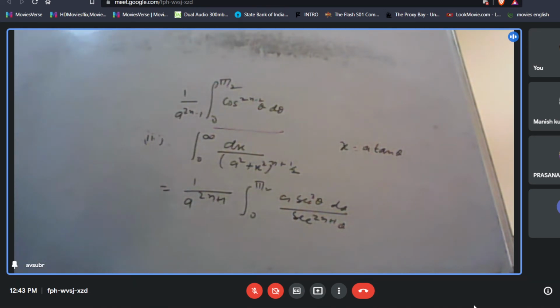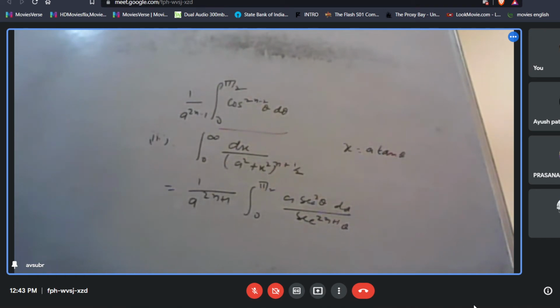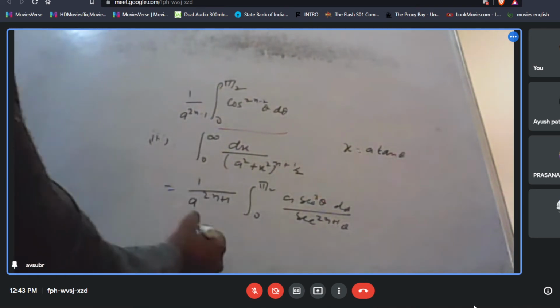Can I write it like this? Just further you have to solve.